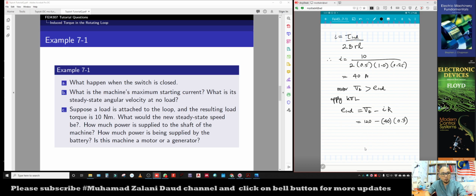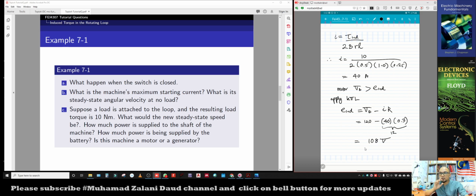So IR is 12. 120 minus 12 is 108 volt for the induced voltage. That is for the induced voltage.